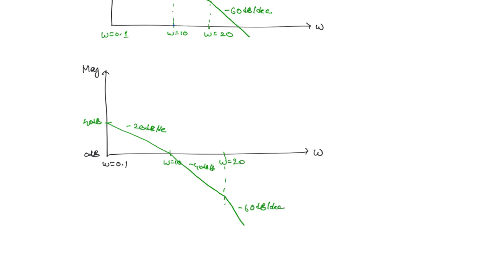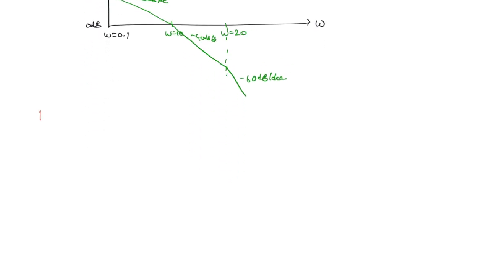Okay. Next is the phase plot. For the phase plot, you can either draw individual functions or you can directly get it from the expression for the phase. What is angle G? This is going to be minus 90 degrees because of the pole at origin, minus tan inverse 0.1 omega, minus tan inverse 0.05 omega.